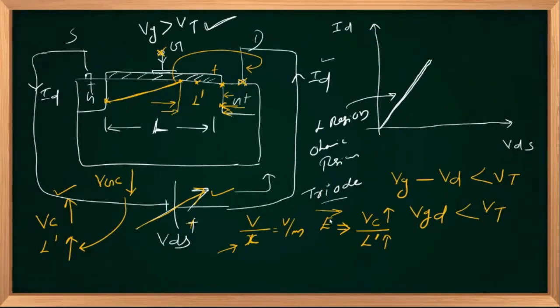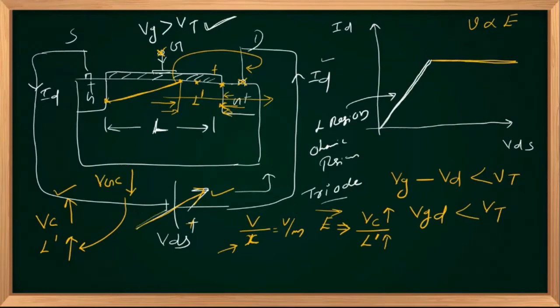So the electric field is constant, which implies the velocity of the carriers is also the same, because the velocity of any carrier is proportional to the electric field. That implies the drain current will be constant.